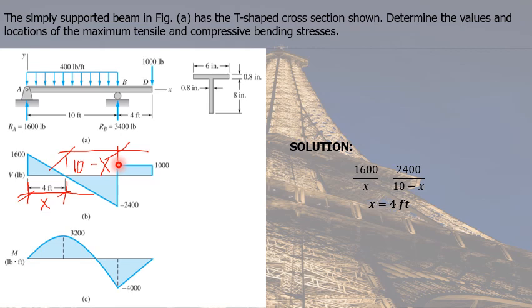Since this is a horizontal line in shear, it becomes a linear graph in the moment diagram. So we connect negative 4,000 and 0 with a straight line. Again, for our moment diagram, we went from 0 back to 0, which is an indication that our moment diagram is correct.